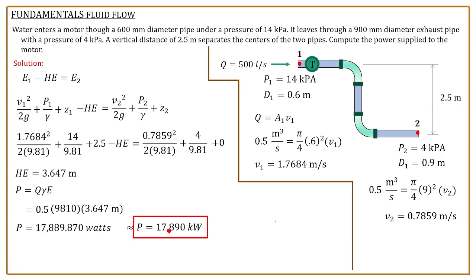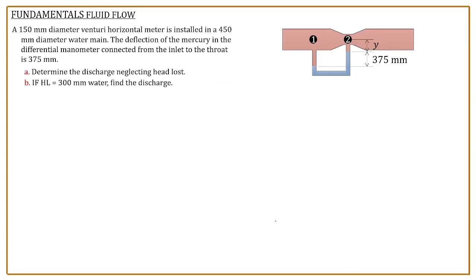So our next problem is all about venturimeter. A 150 millimeter diameter horizontal Venturi meter is installed in a 450 millimeter diameter water main.